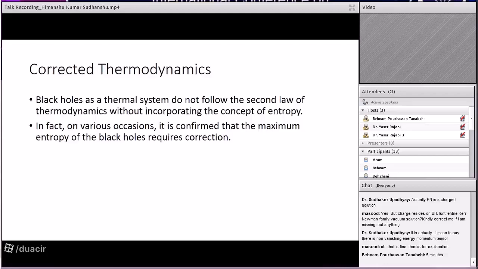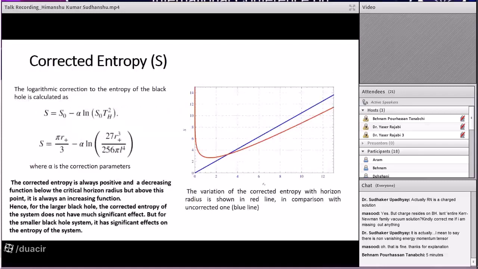So for this, we have considered a logarithmic correction to the entropy of the black holes, calculated from the relation S = S₀ − α ln(S₀ T²), where S₀ is the uncorrected entropy of the black hole system, α is the correction parameter, and T is the Hawking temperature.